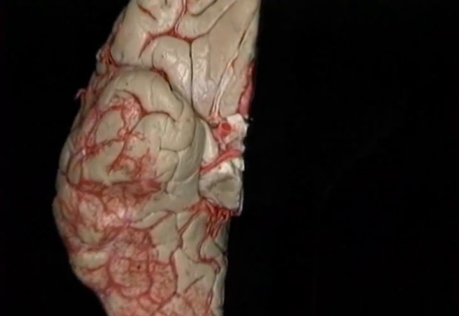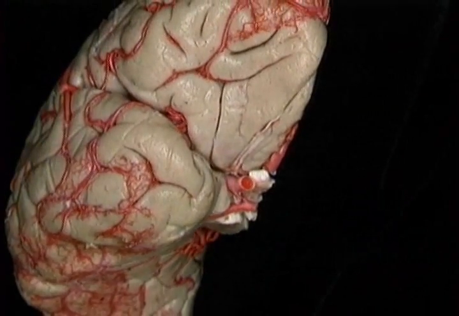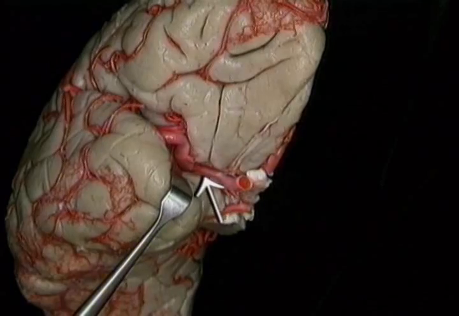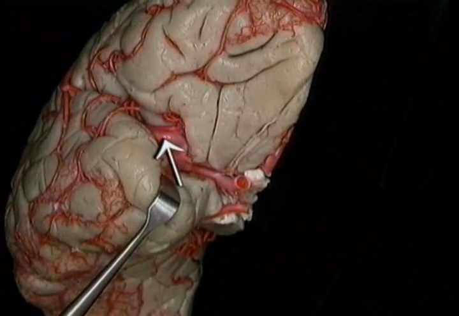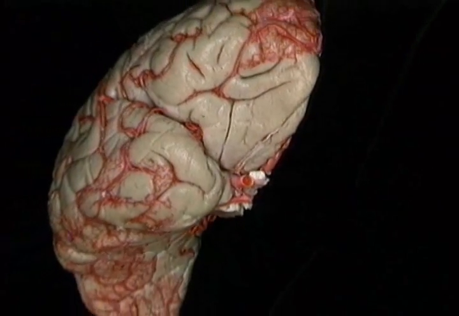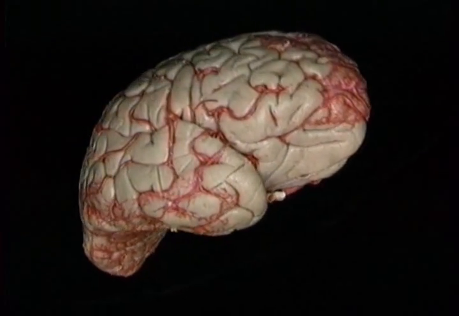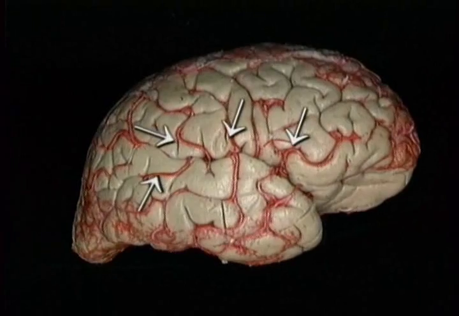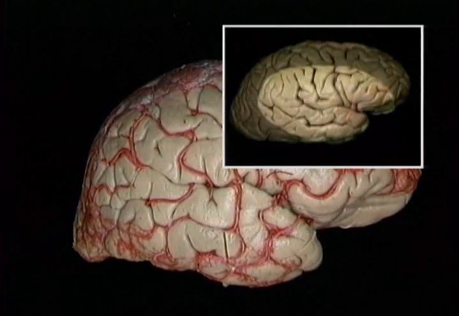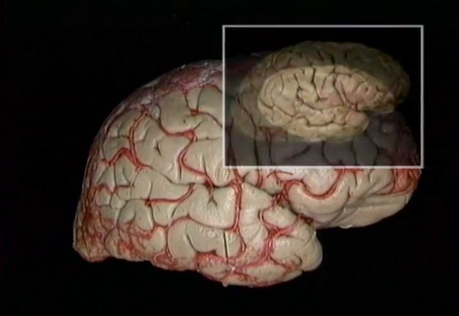Next we'll follow the middle cerebral artery. Here it is again, running in the depths of the lateral cerebral fissure. The middle cerebral artery gives off branches which emerge along the length of the lateral cerebral fissure to supply this area on the lateral aspect of the cerebral hemisphere.